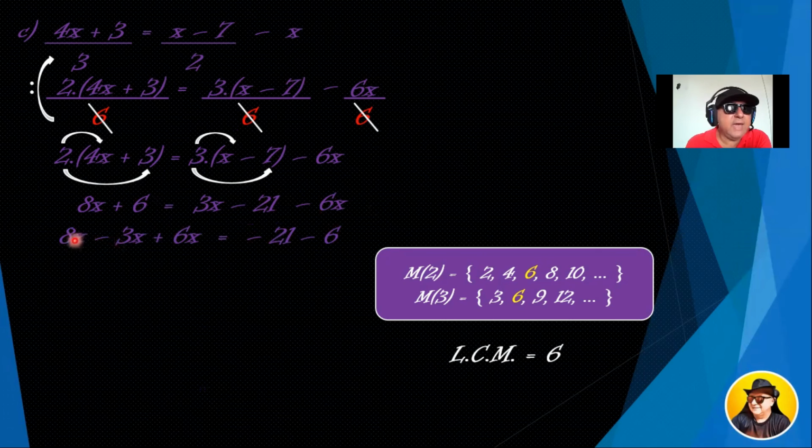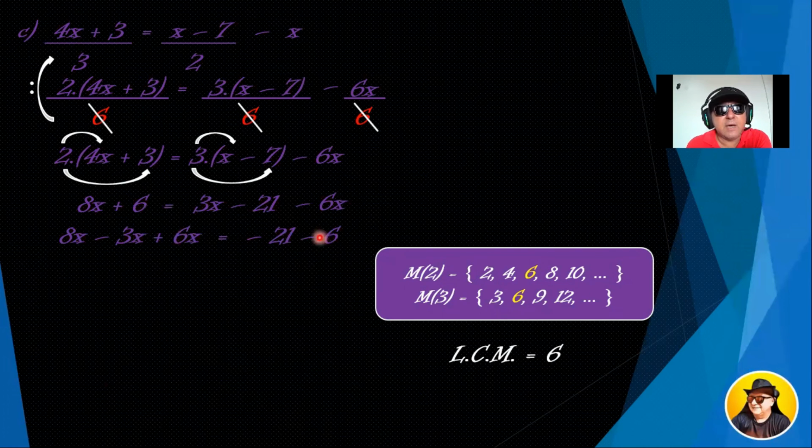So I have 8x minus 3x, because it was positive, now it is negative. It is positive because it was minus 6x, now it is positive 6x. And I have minus 21, and it was plus 6, now it is minus 6. Let's operate. So 8x plus 6x, 14x.